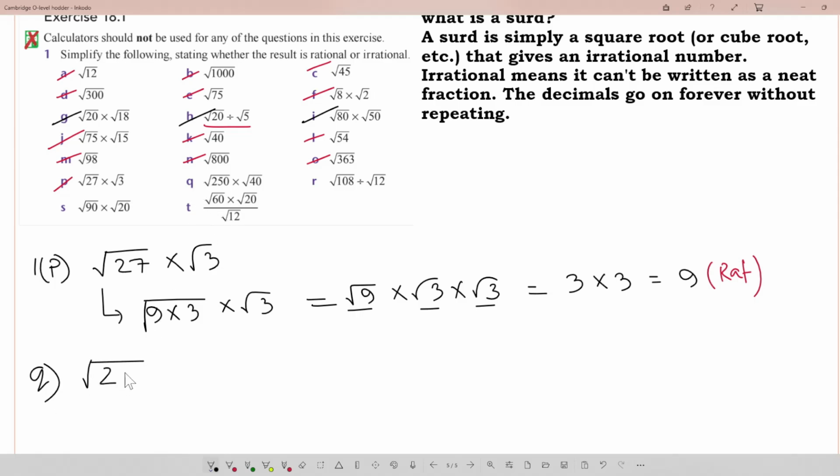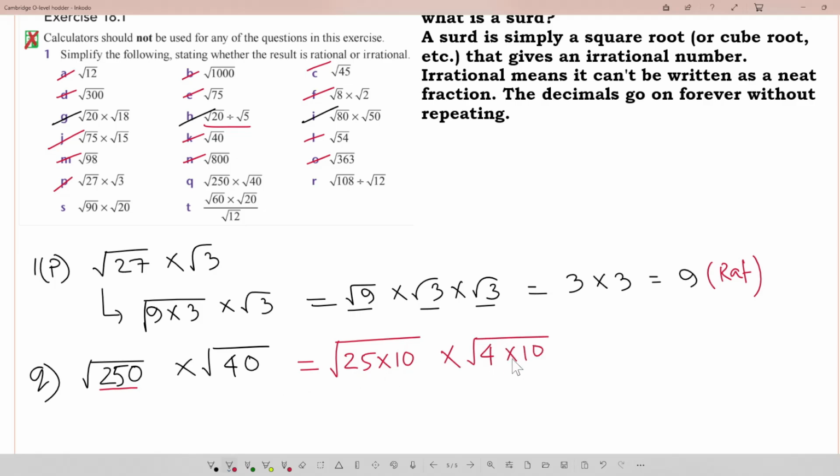Root 250, right? 250 times root 40. So this one we can write here as 25 times 10, and this 40 we can write as 4 times 10.